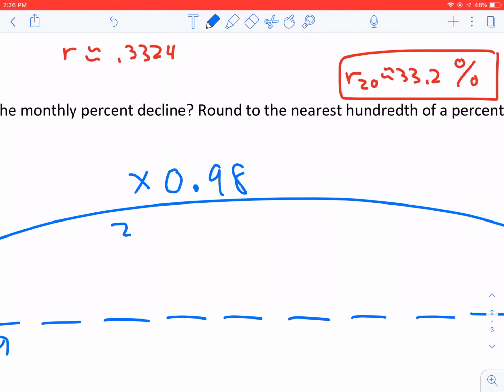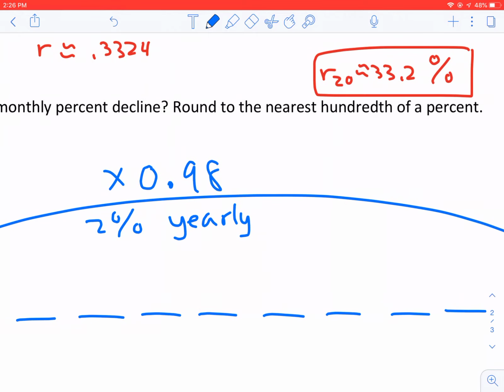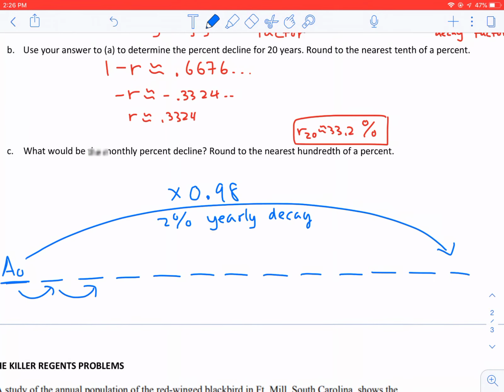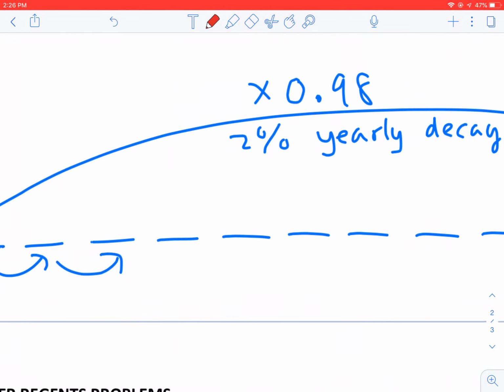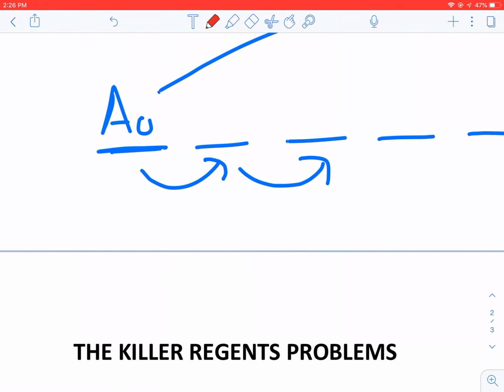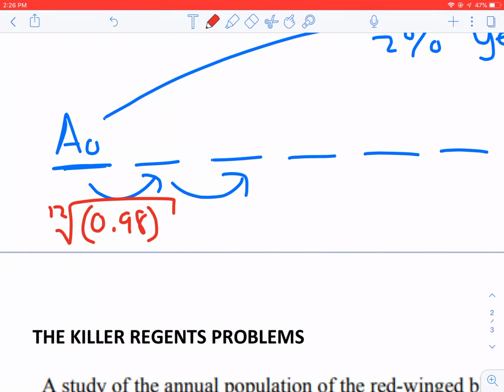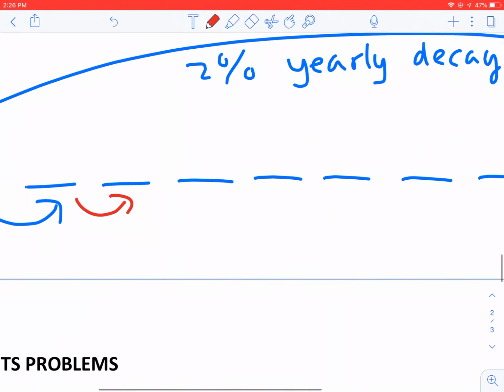That is our 2% yearly decay, which means that is our yearly decay factor. So we want to find what we're decaying by each month. Instead of multiplying by 0.98, we're going to multiply by 0.98 to the 1/12th power, or the 12th root, because we know we need to multiply by this 12 times to get to 0.98.